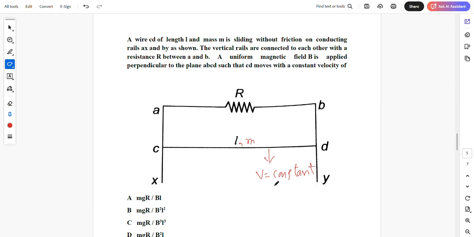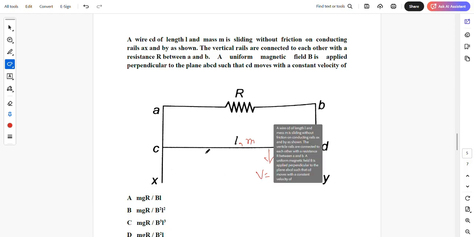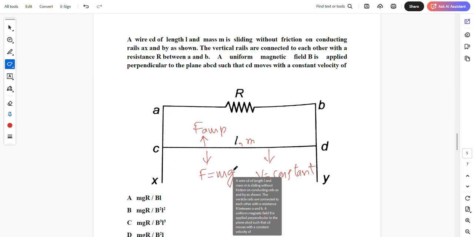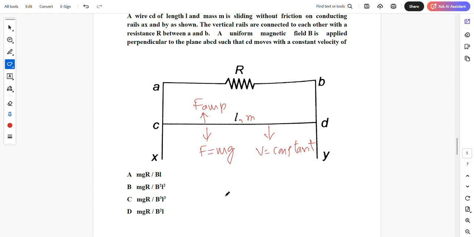That is the maximum velocity, or the terminal velocity, when this force is equal to the Amperian force. This force is mg.